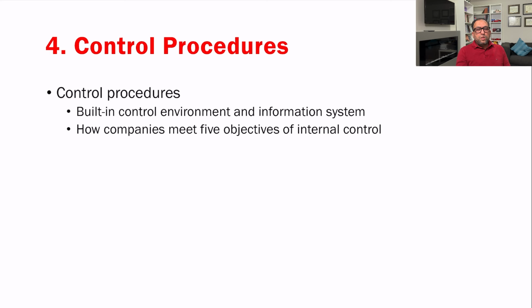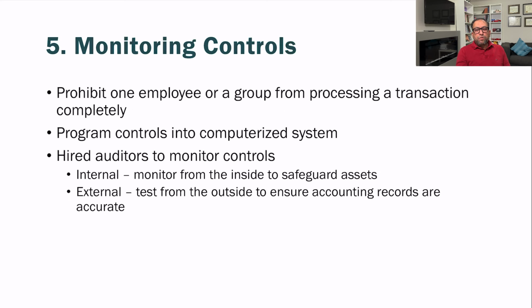Control procedures, built into the control environment and information system, are how companies meet the 5 objectives of internal control. Monitoring controls prohibit one employee or a group from processing a transaction completely, because by this way there is no check and balance. So it should be arranged in such a way that someone's work is authorized by someone else, so that there is no misappropriation or misrepresentation.